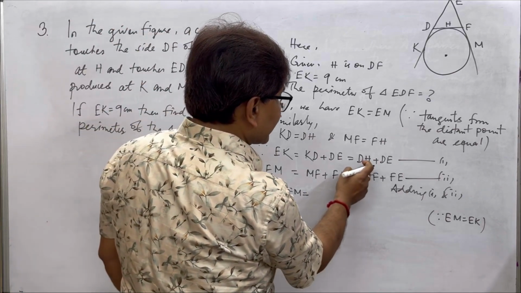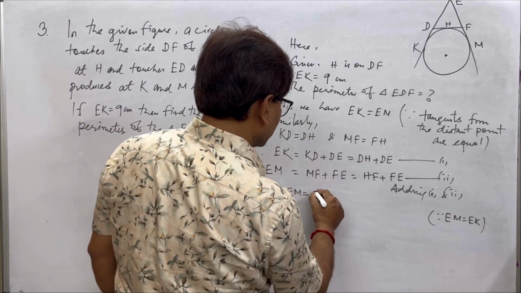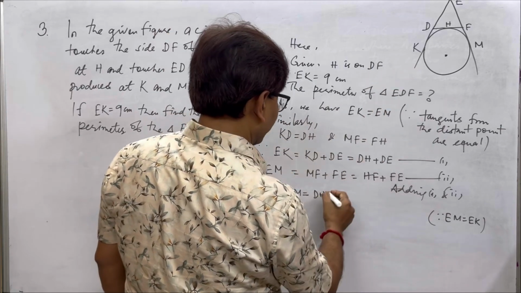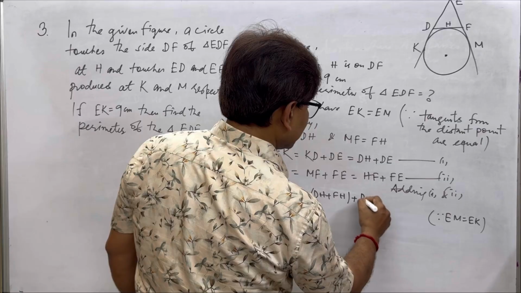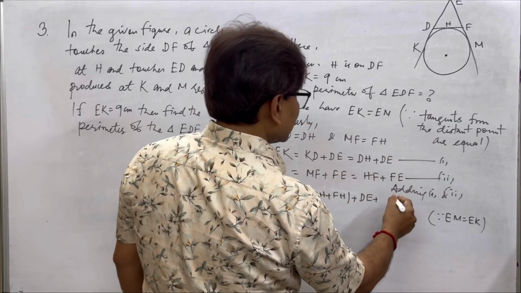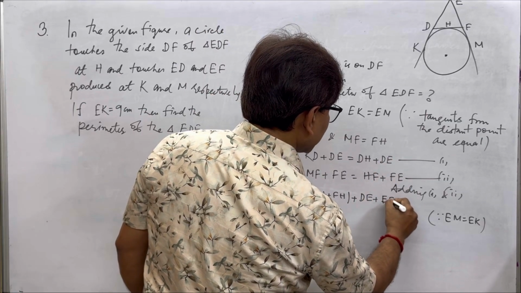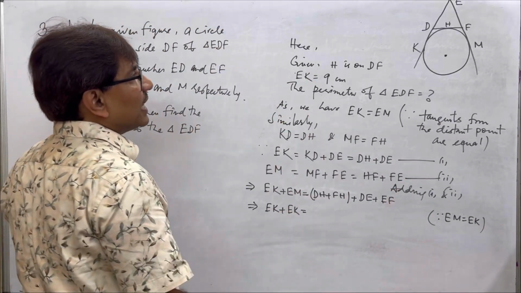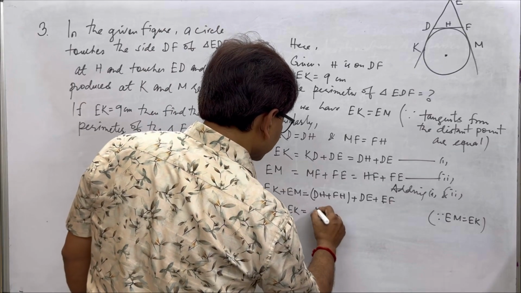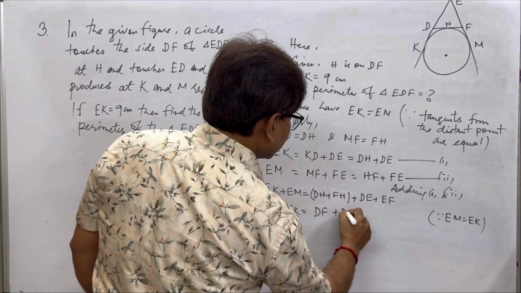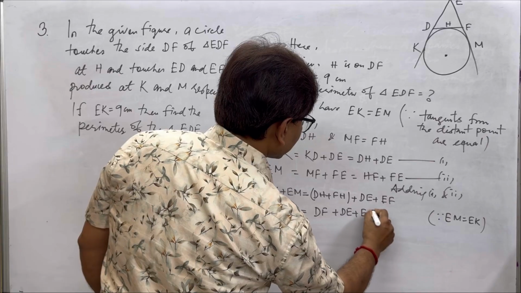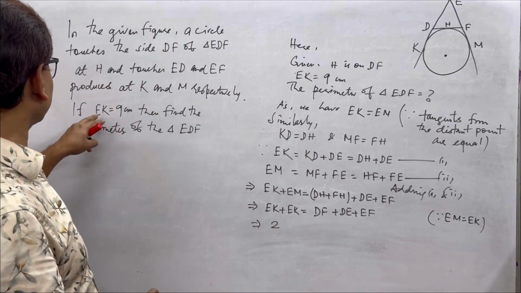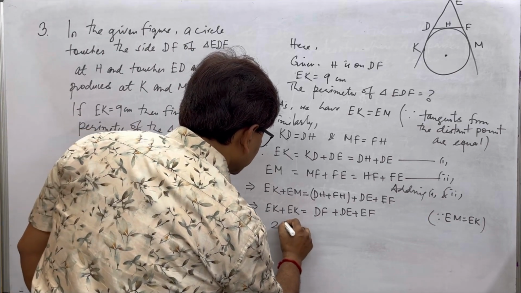And here we are getting DH plus FH plus DE plus EF, which equals DH plus FH, that is DF, plus DE plus EF. And 2EK, EK is given.